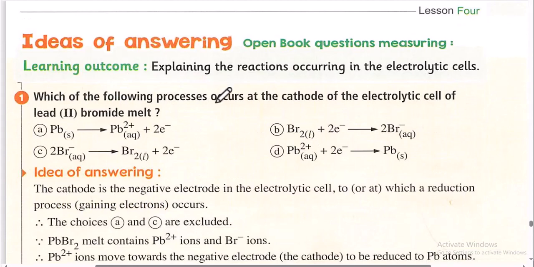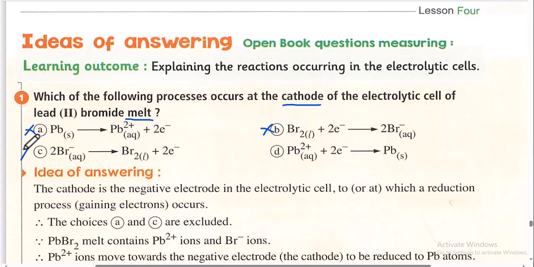Which of the following processes occurs at the cathode of the electrolytic cell? Lead bromide melt. It is not an aqueous solution, it is a melt. But here we have to notice what happens at the cathode. At the cathode, cations, positive ions, are reduced by accepting electrons. So this one is not a positive ion, it is wrong.